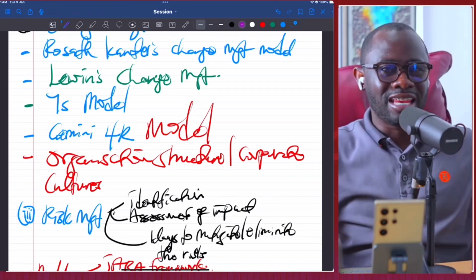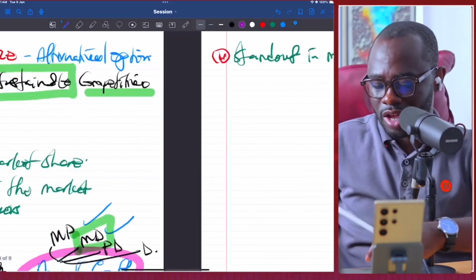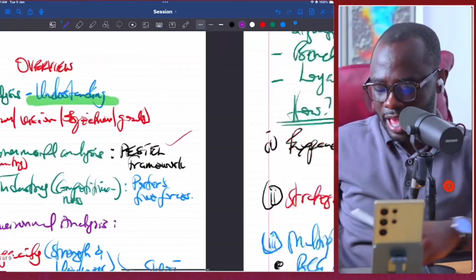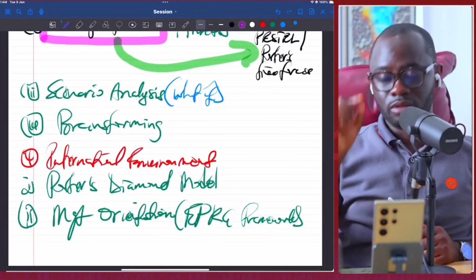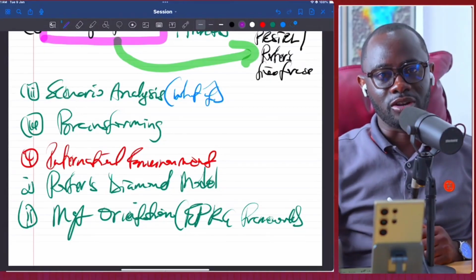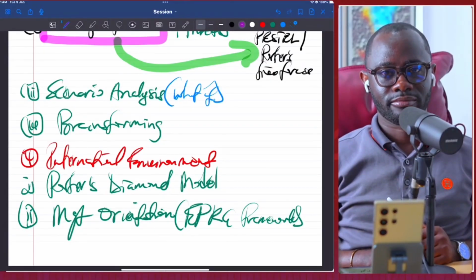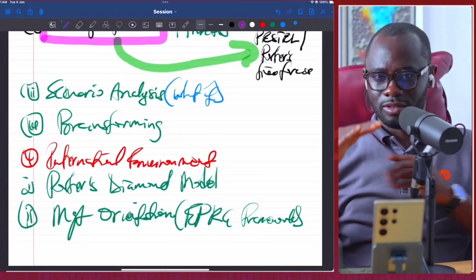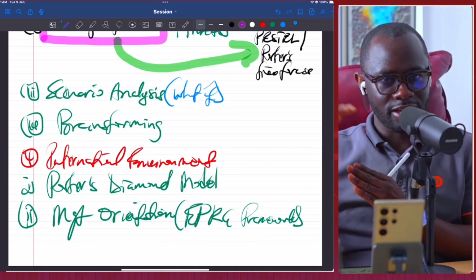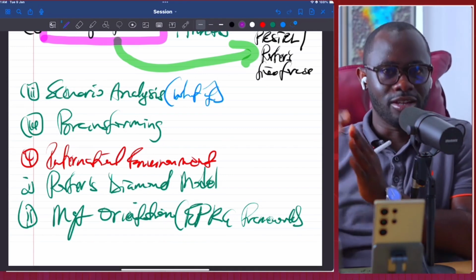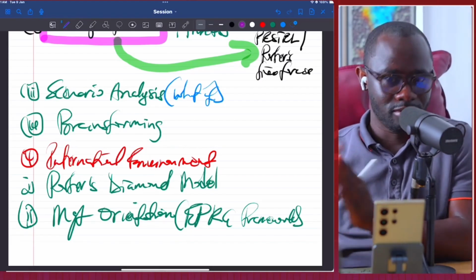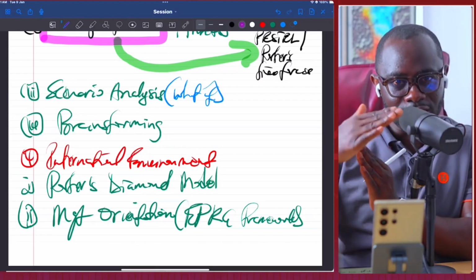And this one is linked with the international strategies I told you about earlier, the management orientation, EPRG framework. Again, we're going to be starting to open the lid in a moment. And all is going to be adding up. But you got to understand the way the things are connected.